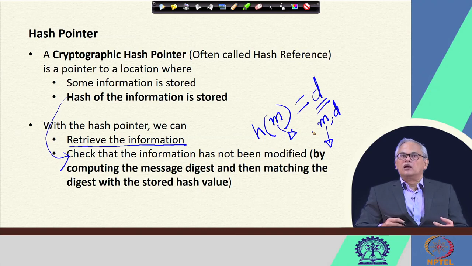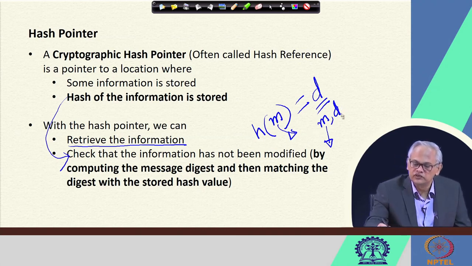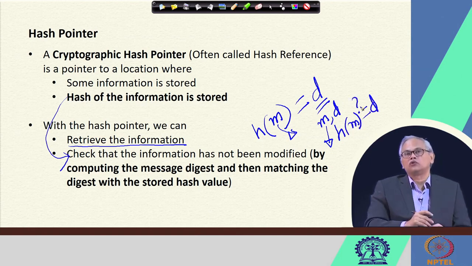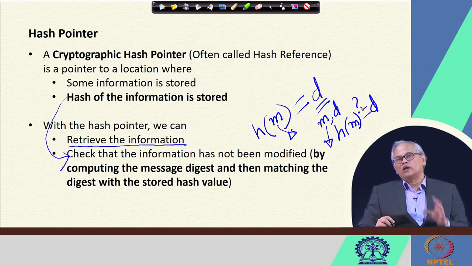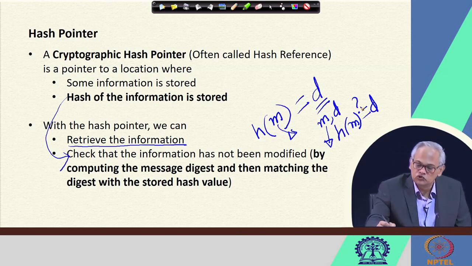Then I can compute its hash and check if that is matching with this hash that was stored, or it is not matching. That means that whatever this m that I am now retrieving, I apply hash on that and see if this is matching with the digest which was also stored along with the data.